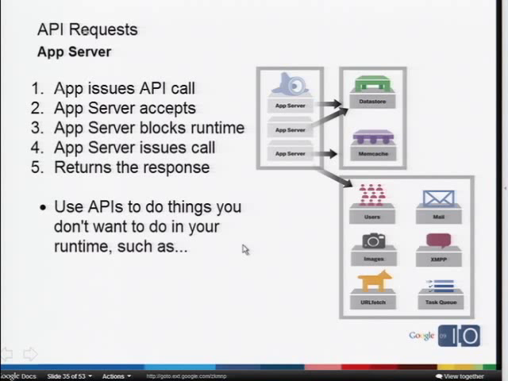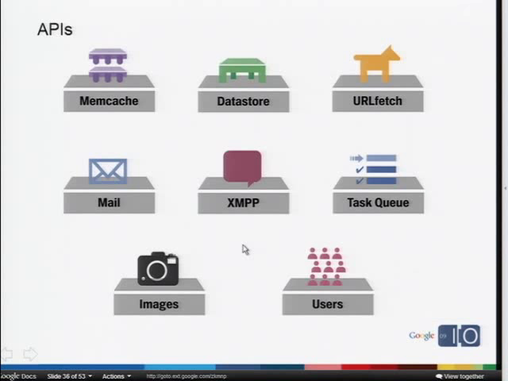You can use APIs to do things that you wouldn't normally want to do in the app server because you have limited resources or because you don't want to rewrite them for yourself. We have a lot of APIs that do a lot of specialized tasks, and here's a few of them. Memcache and the Datastore we have talked about a lot. URL fetch is our API for fetching content from the web.